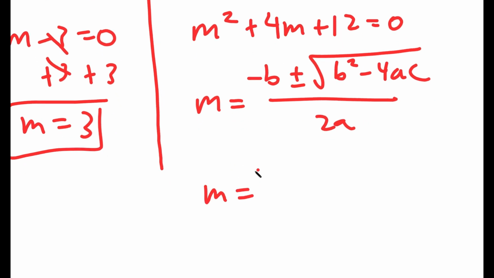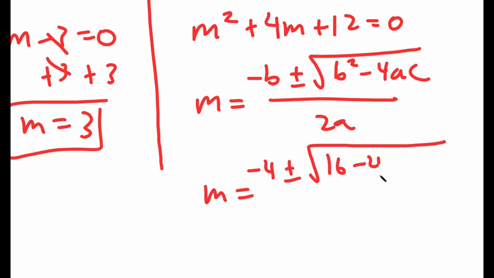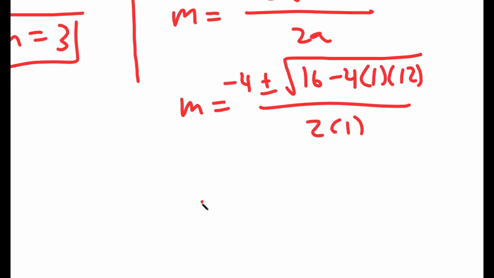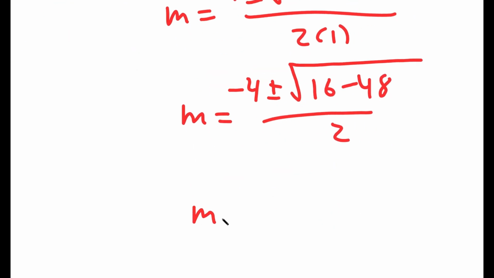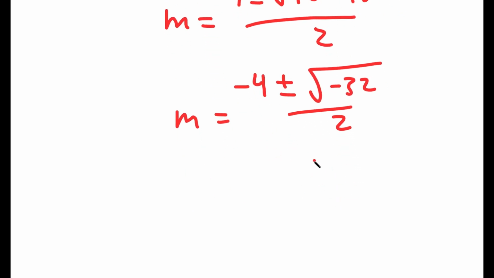So this turns into negative 4 plus or minus the square root of 4 squared, which is 16, minus 4 times a, which is 1, times c, which is 12, all over 2a, so 2 times 1. And this is equal to negative 4 plus or minus the square root of 16 minus 48 over 2, which is equal to negative 4 plus or minus the square root of negative 32 over 2.